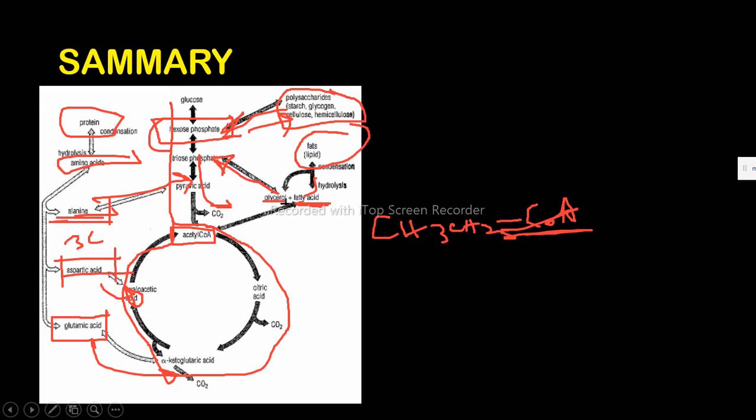So if you want to also form proteins, you undergo respiration, produce these intermediate products, and then these intermediate products are the ones that will be converted into the individual amino acids of your choice. If you want fats, maybe there's positive energy balance. You have too much carbohydrates than what your body needs.